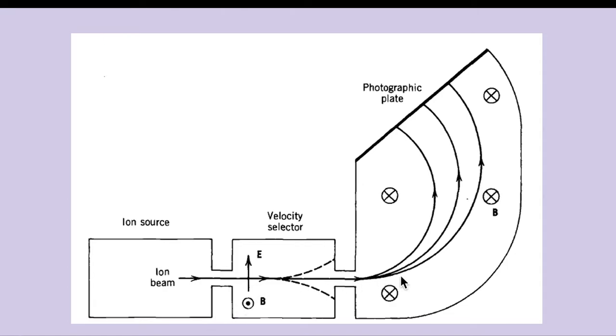And under the action of the magnetic field, you can see that here there is no electric field, only a magnetic field. In the magnetic field, the magnetic force qvB is equal to mv squared by r. If there is a small deviation in mass, qvB is a constant.